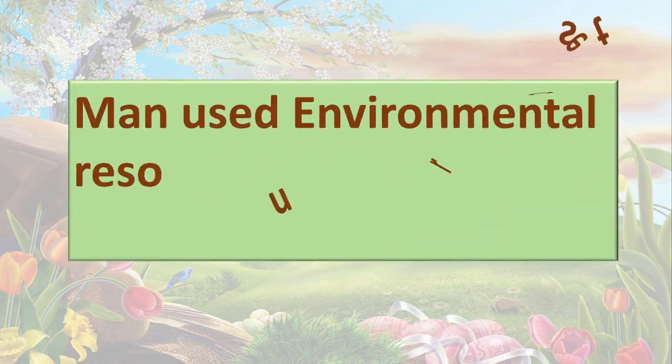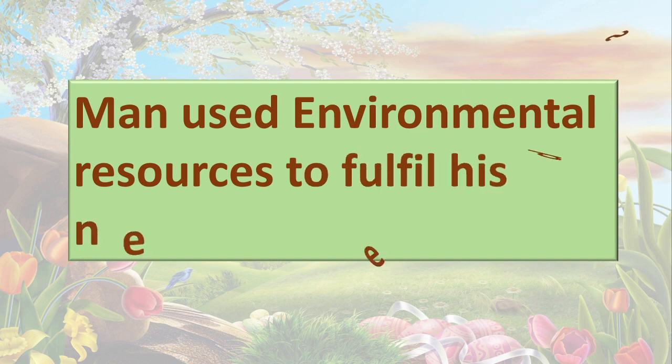Here, see this, man used environmental resources to fulfill his needs. Yes, just now we went through how man made progress in transportation, in communication, in housing, etc. But here, what all did he use to make the progress in all these fields?